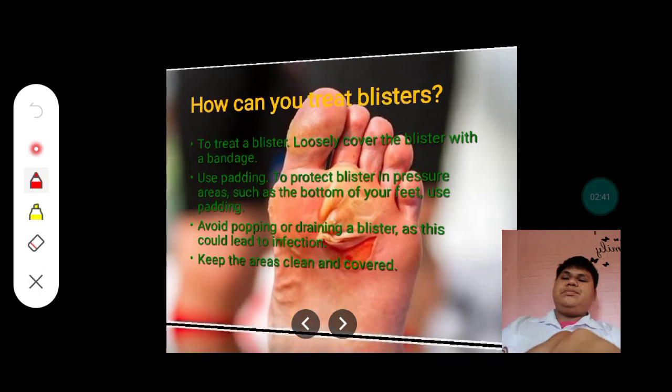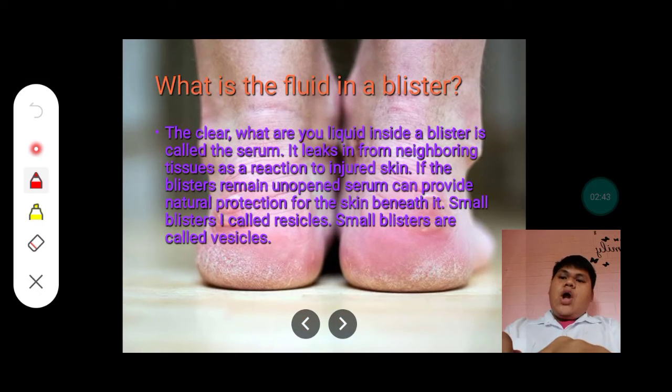Next, what is the fluid in a blister? The clear liquid inside a blister is the serum. So, ang tawag dito is serum.